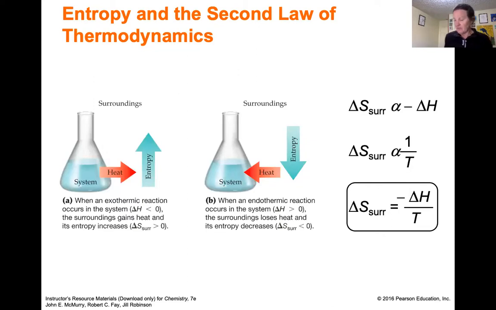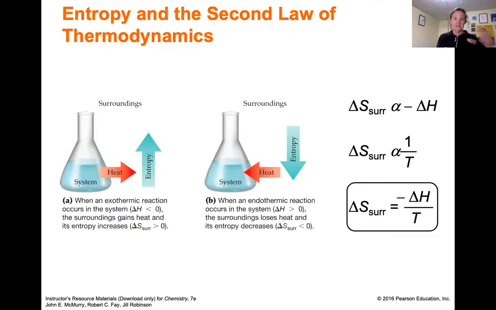So when we think about how we can understand the delta S of the surroundings, we've already thought about the system. When you form more gas molecules, you get more entropy. If you increase the temperature, you get more entropy. If you go from solid to liquid, liquid to gas, you get more entropy. But what about the surroundings? The surroundings' entropy will increase just based on heat coming in or out.